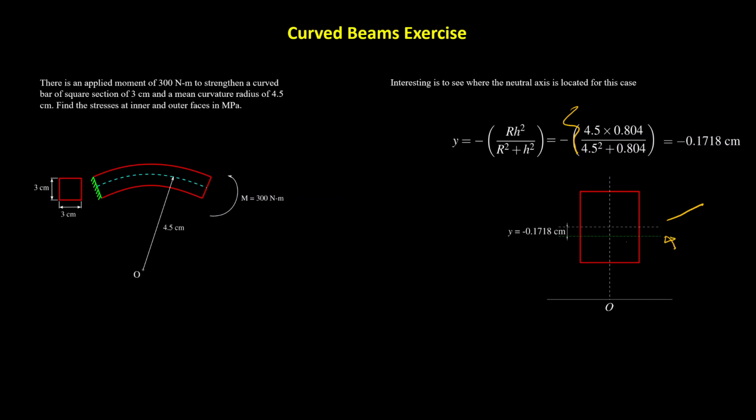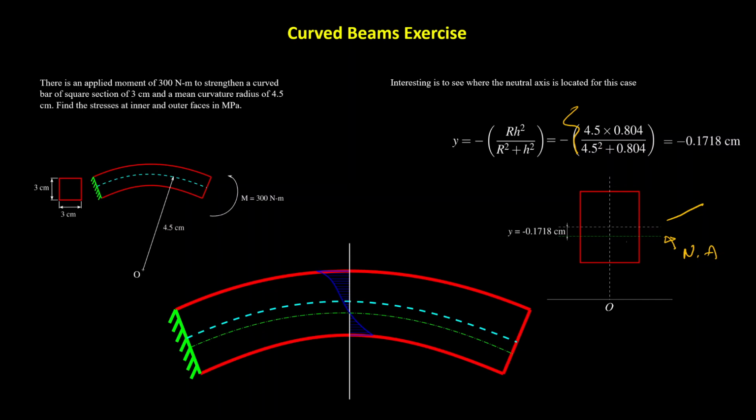And let's remember that this neutral axis, again, is where I don't have any stresses on the part. If I wanted to draw this in a bigger figure here, I'm going to have this mean axis, which is the mean radius of curvature, also coincident with the central axis of my section, this face here, and this green one is going to be the neutral axis.